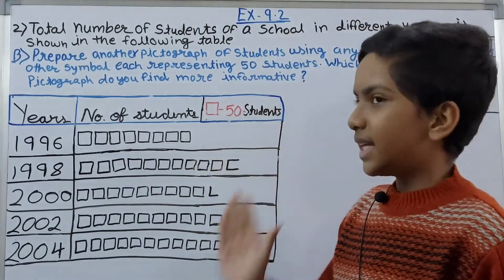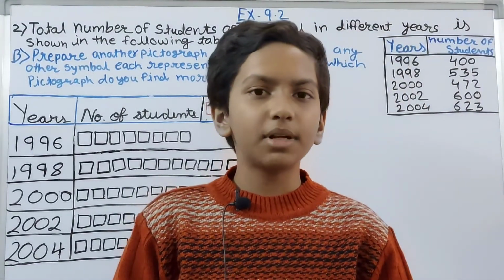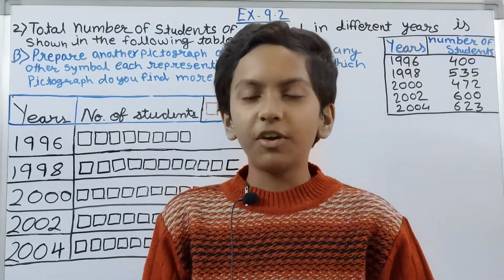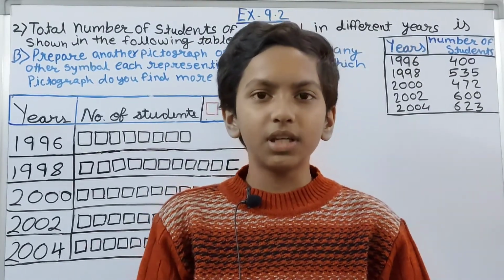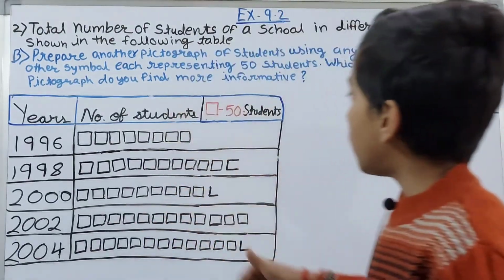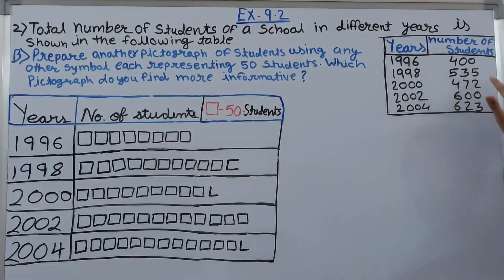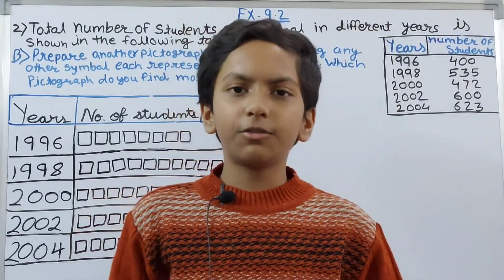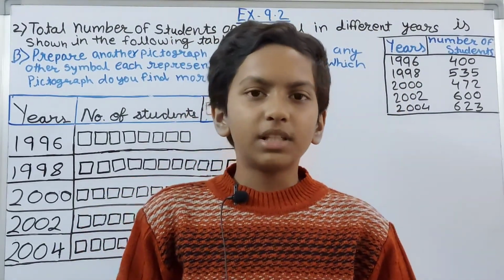And over here in this pictograph, one symbol represents 50 students, so there is a gap of 50 students from one number to the other, and it is very clear to have a look at numbers like 535, 472 and 623, because in the last one there was a lot of gap, so it was not much clear.